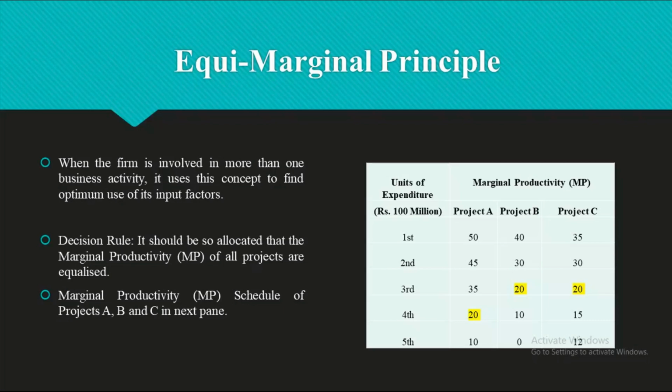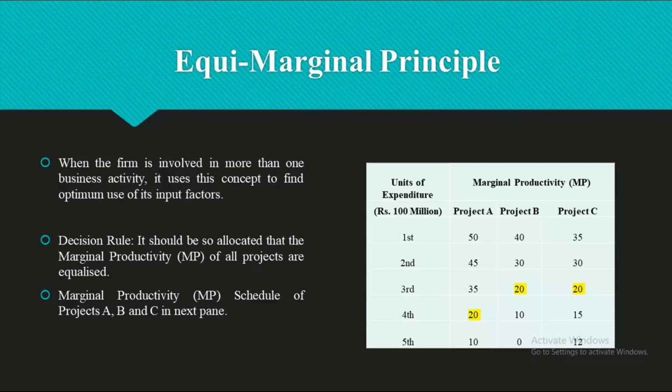So marginal productivity of project A is decreasing with each successive investment. The more investment we make, marginal productivity is going down, it is not increasing.